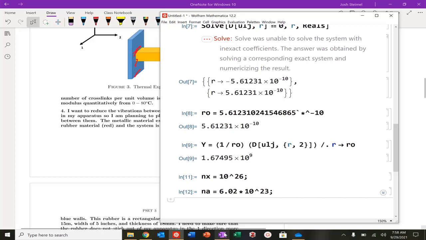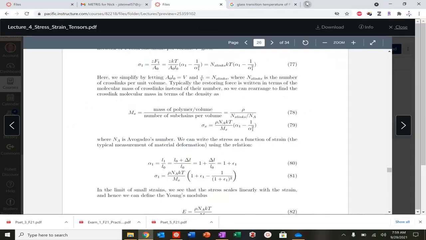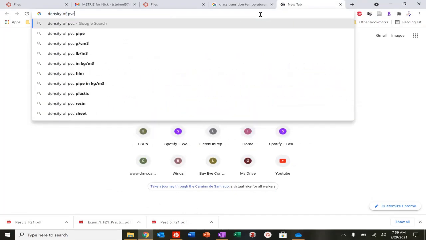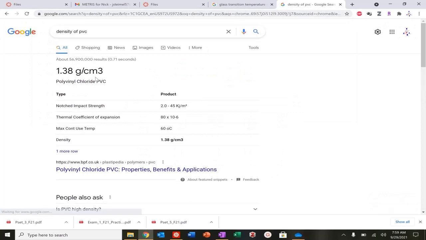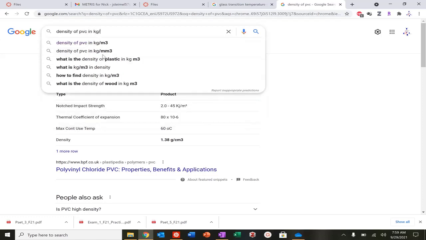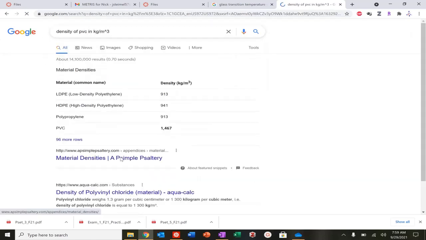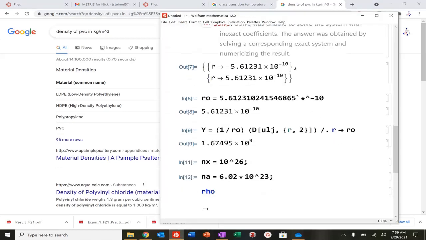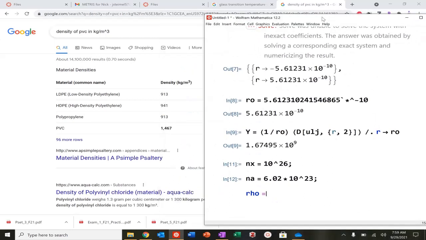So I can write and actually determine, and I also need to look at what is the density of PVC. So PVC in kilograms per meter cubed, it's about 1,400. So my rho equals 1,467.